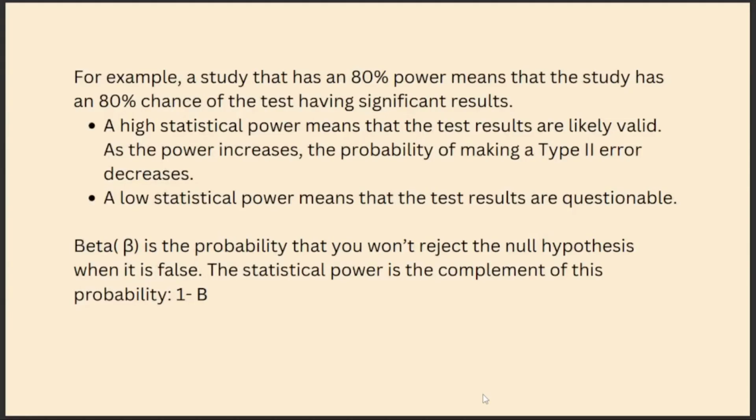Okay, and if your statistical power is close to 90 or around 90, then your results will be considered valid, or else as it goes on decreasing, then you can understand that your results are not up to the mark.